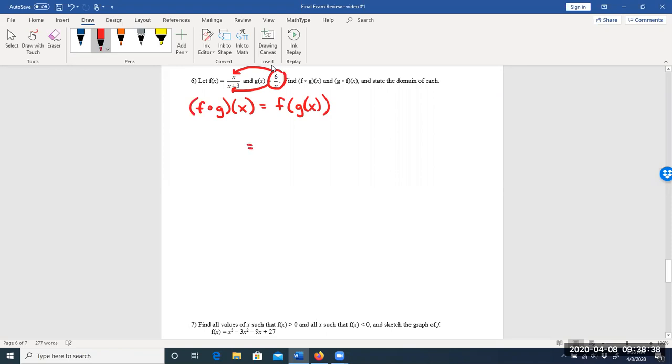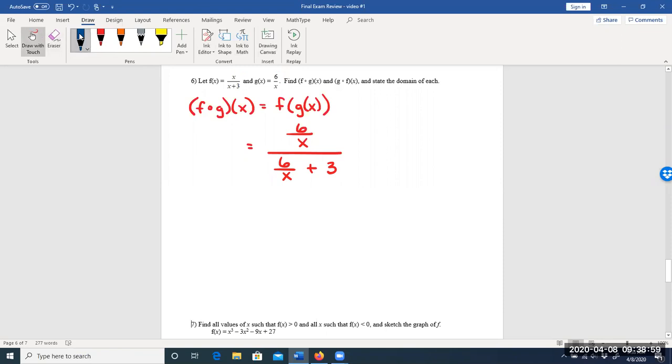So this is going to be 6 over x over 6 over x plus 3. Then we're going to go the other direction here in just a second.